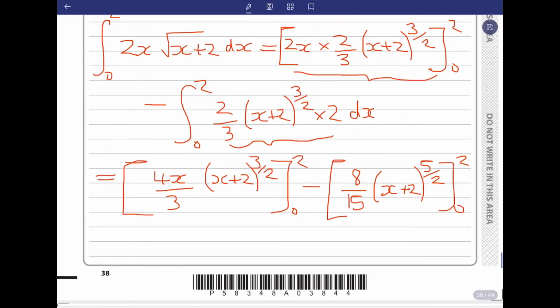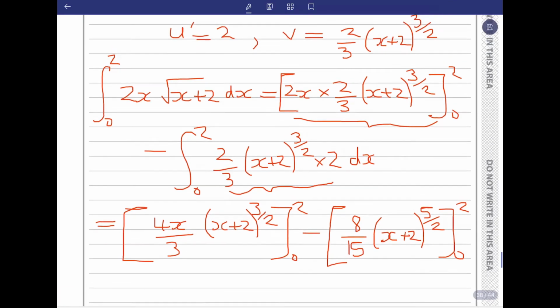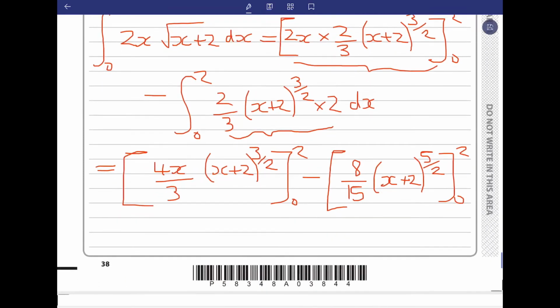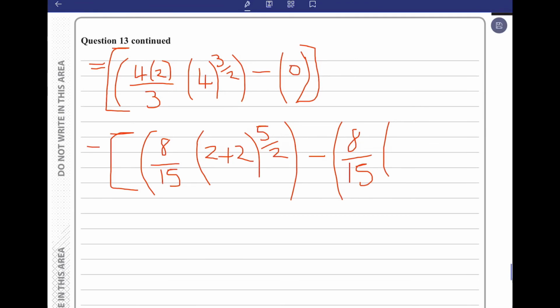Have I missed something here? VDU? Nope, we're all good. Not missed anything. So it's 2 to the 5 over 2. Now I've just realised I have made this a bit harder for myself by not combining the two results into one bracket, but never mind, we don't mind that.